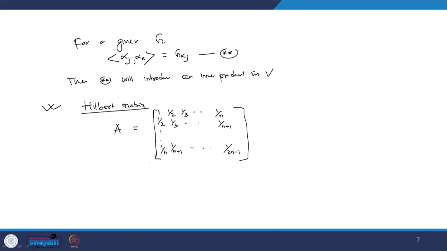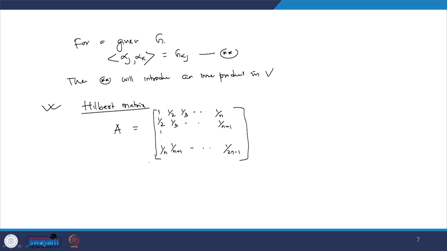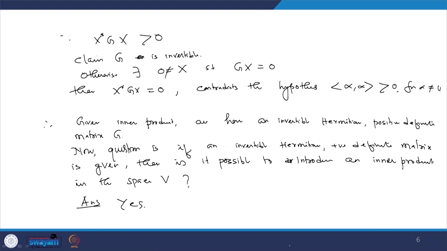Now, you immediately see that this matrix is a symmetric matrix. See, what I have done here, if the field of complex numbers is replaced by real numbers, then I will have G as a symmetric matrix instead of Hermitian. So, now the question is, can I use this concept that G has to be invertible when G is coming as a consequence of a given inner product?